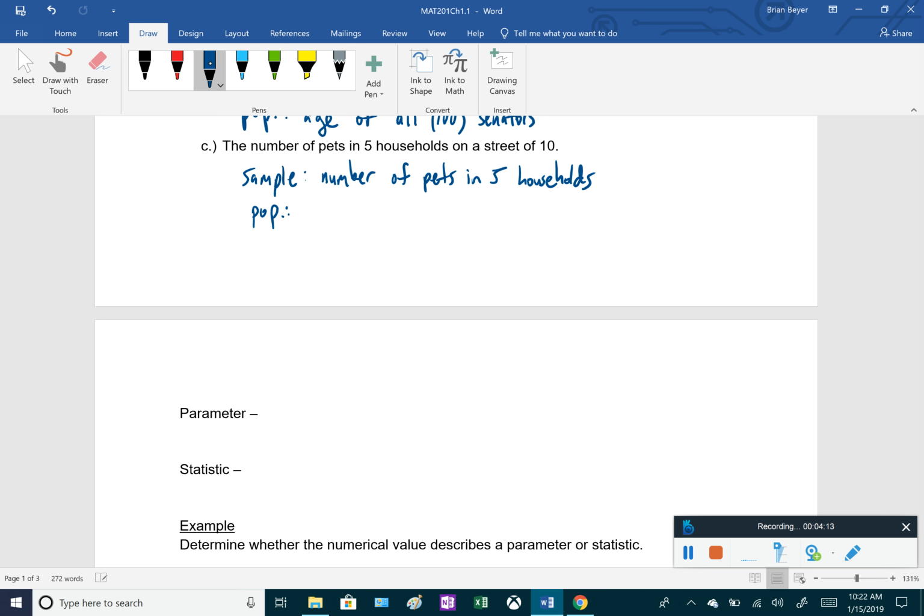And the population is going to be the number of pets in 10 households. Okay, so population is the entire collection of outcomes of interest, and the sample is just going to be a part or a subset of that population.